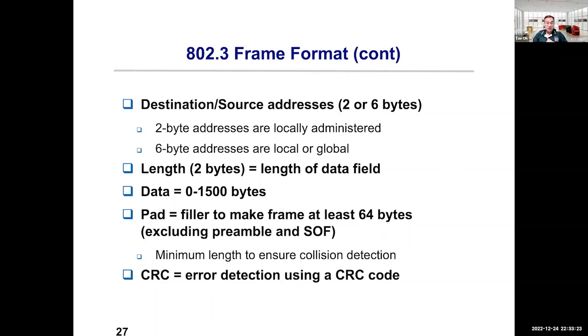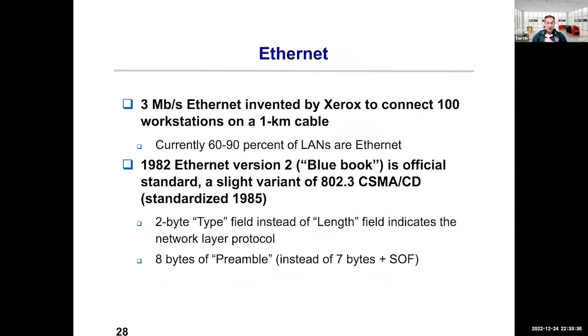So this is 802.3. We talked about the CSMA/CD. And how did the CSMA come about? When you talk about Ethernet, 3 megabit per second Ethernet was invented by Xerox to connect basically 1,000 stations over a 1 kilometer cable.